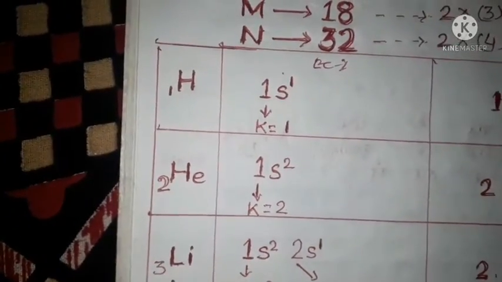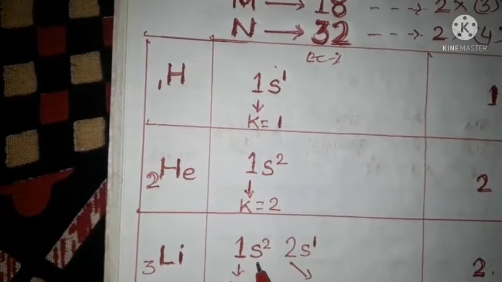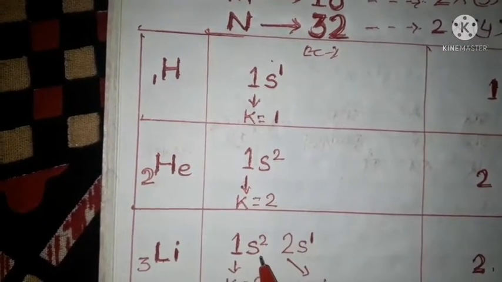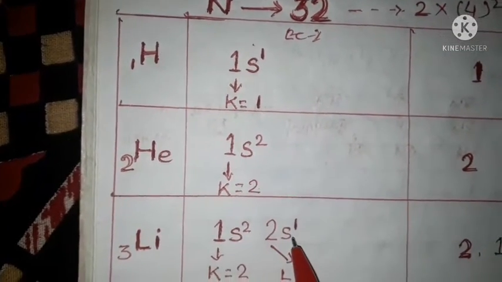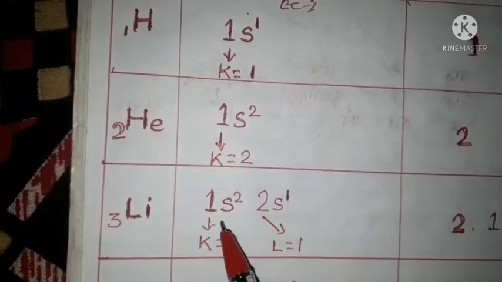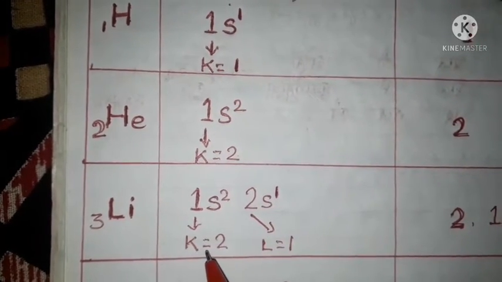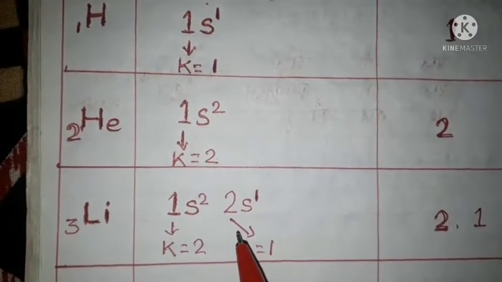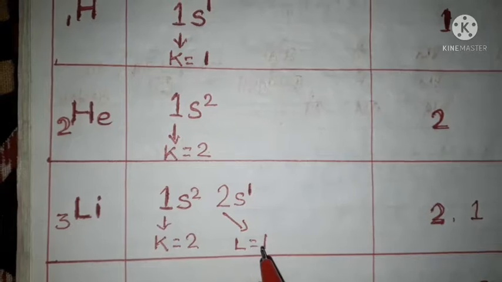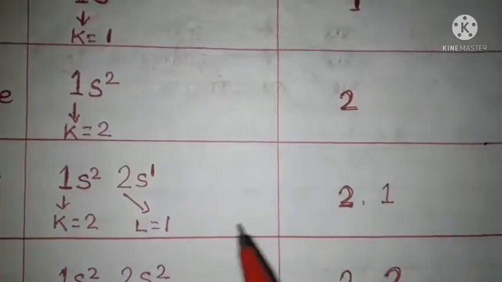Like this, in lithium, we know that Z of lithium is 3, so first we fill 1s2, after that we fill 2s1. Then we get 1s2, that means K shell in which 2 electrons are contained, and 2s1, that means L shell in which 1 electron is included.